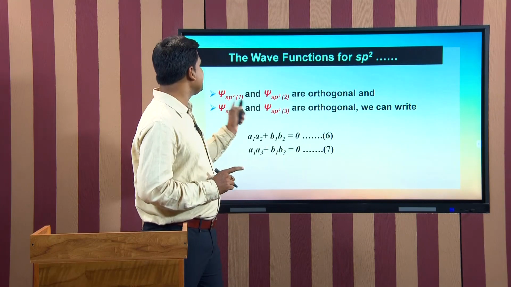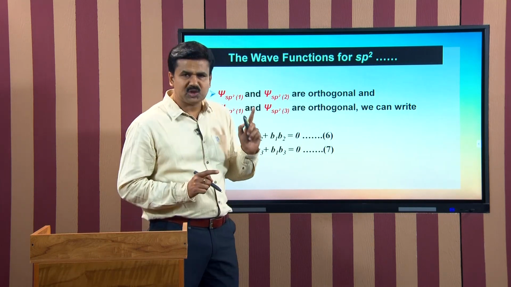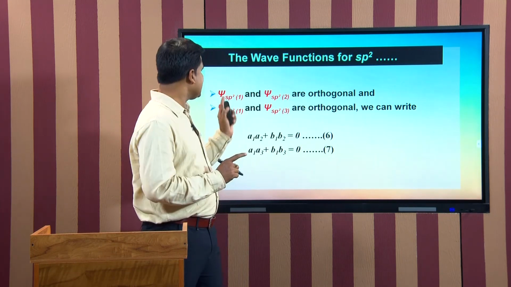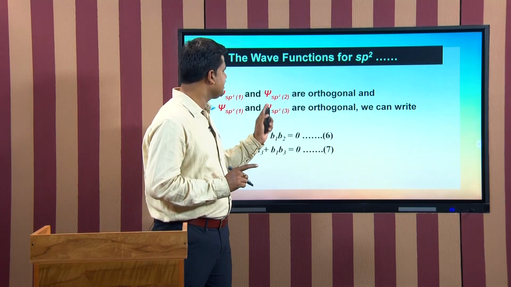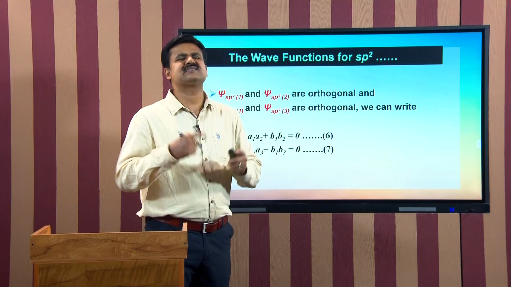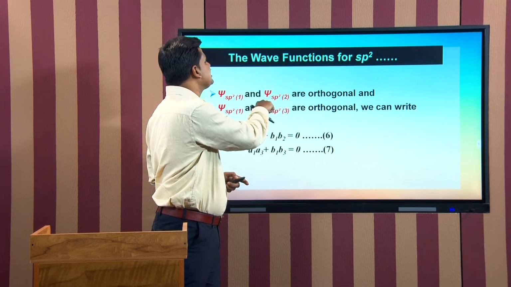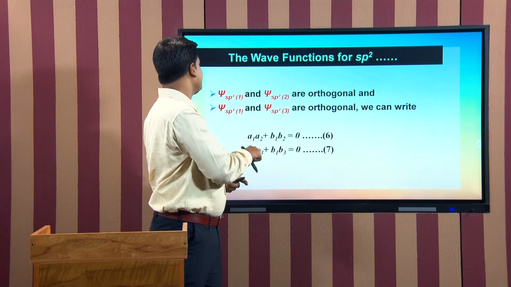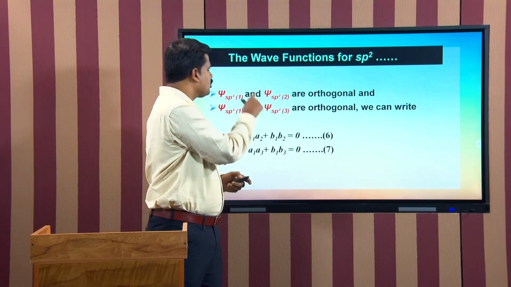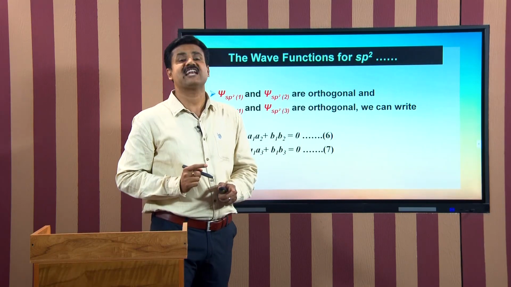Let psi sp2 1 and psi sp2 2 be orthogonal, and psi sp2 1 and psi sp2 3 also be orthogonal. From these two sets of orthogonality, we can arrive at the following two important relations.